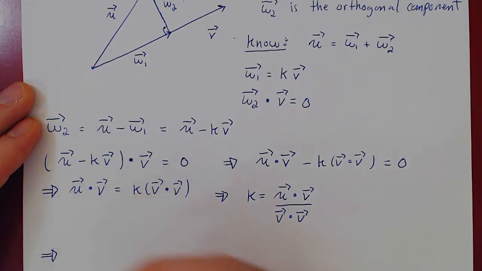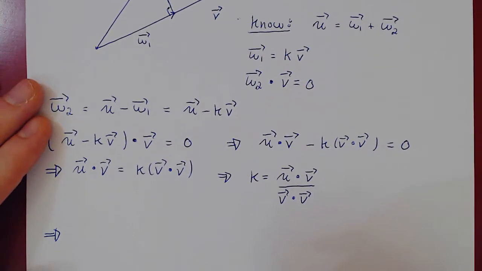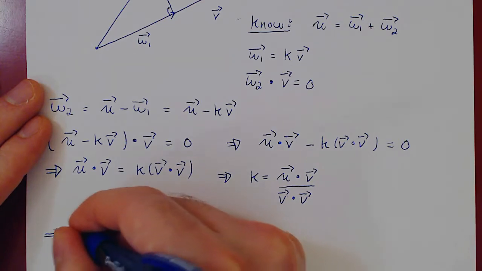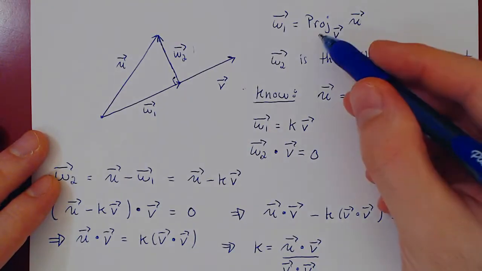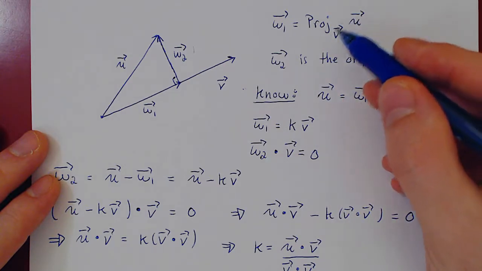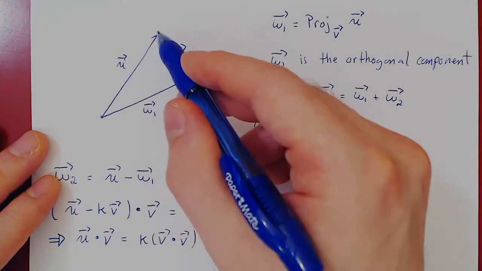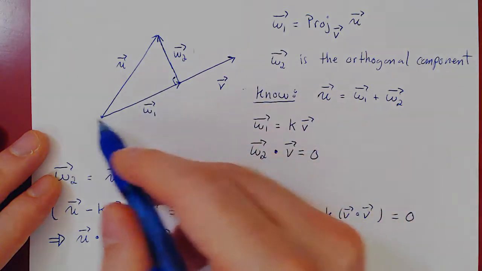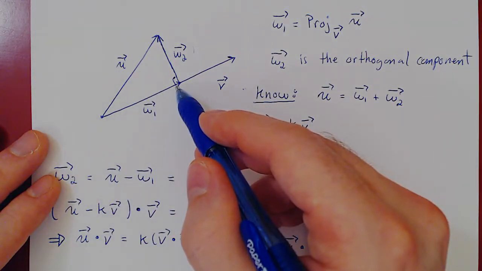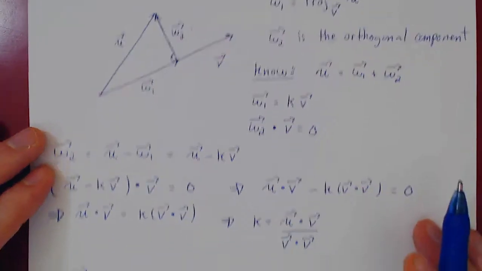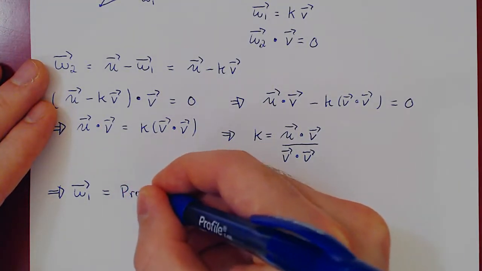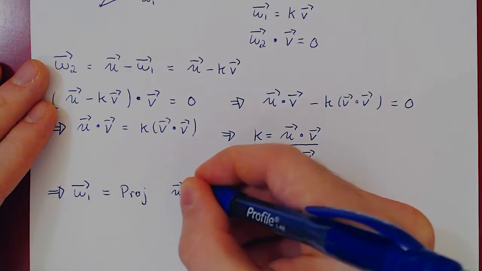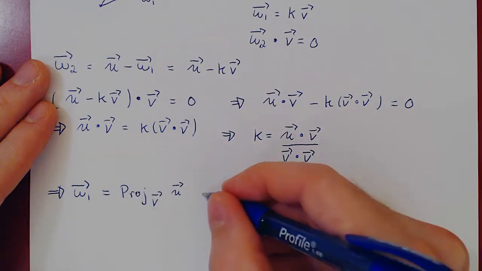The vector w1, which is what we call the projection of vector u onto vector v, right? We project vector u against vector v, and we get w1, the so-called projection. So w1 is the projection of vector u onto vector v.